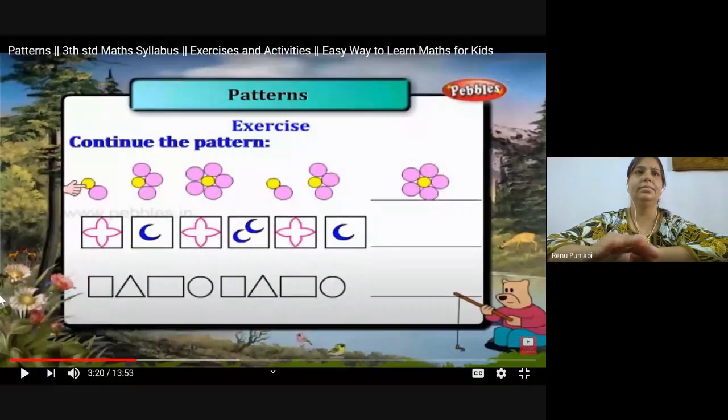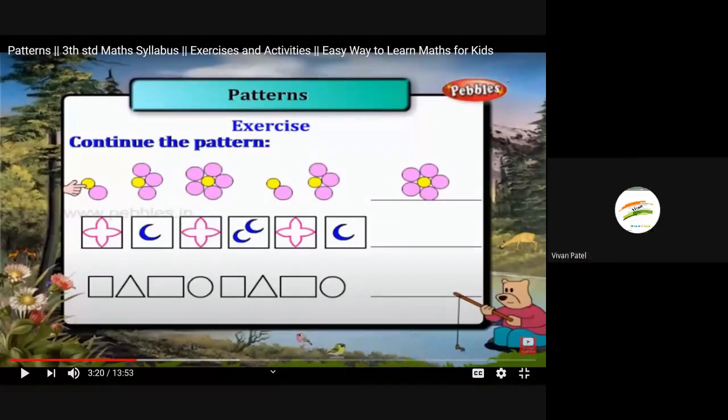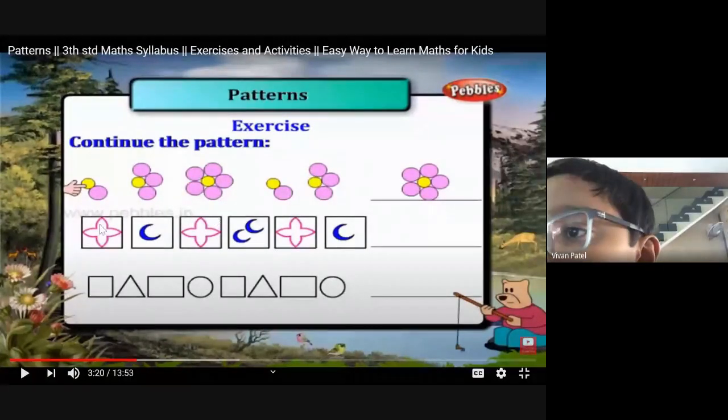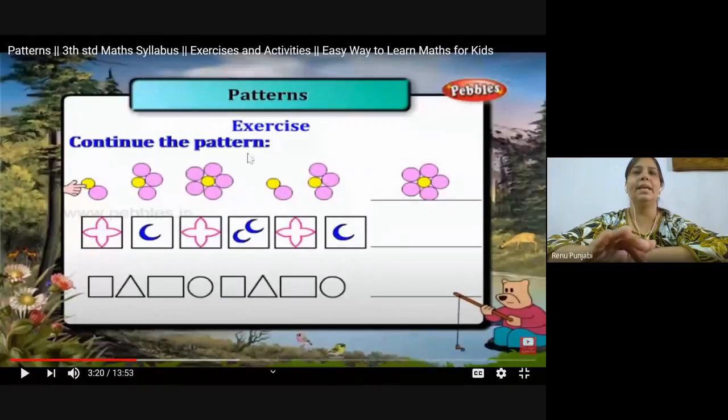In pattern 1, one petal only with the flower, then 3, and then 5. Then what will come next? How many petals? 5. Yes, 2 petals are increasing.